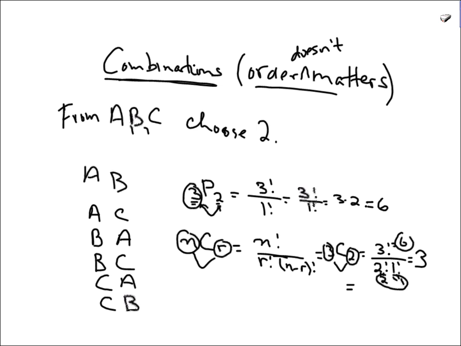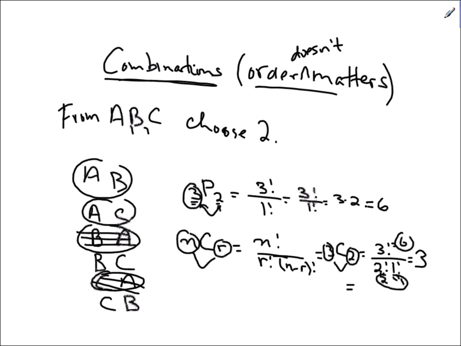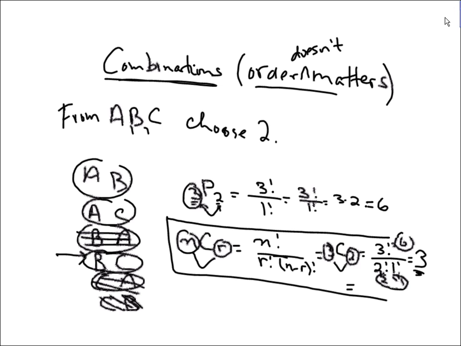Okay, so since it doesn't matter, AB and BA should not be counted twice. AC and CA, bye-bye. BC and CB are the same. In fact, there's only 3 combinations. And that is what we got at the end. We got 3.